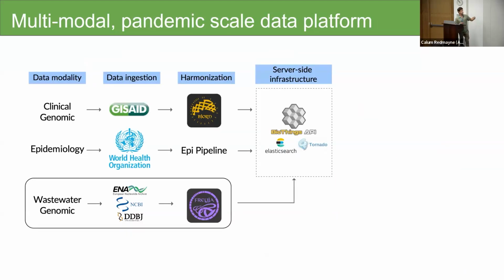We also have developed another platform called outbreak.info, where we're taking this information. This was our next step of bringing in broad clinical information, epidemiological information, and wastewater, both viral load and genomic sequencing information, in order to bring together a unified hub for outbreak intelligence.